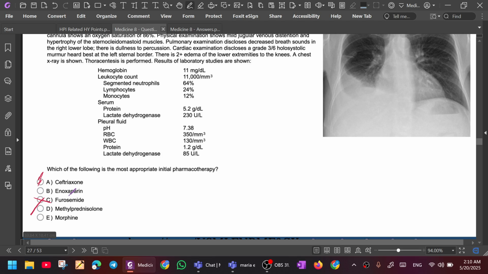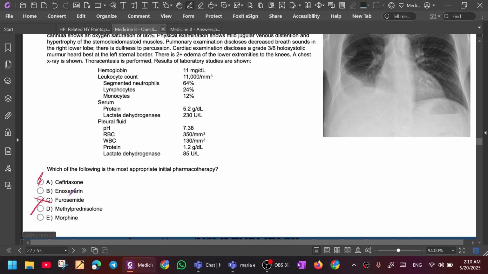A single positive criterion defines an exudative fluid. For this patient, the protein ratio is 0.23, 1.2 over 5.2.